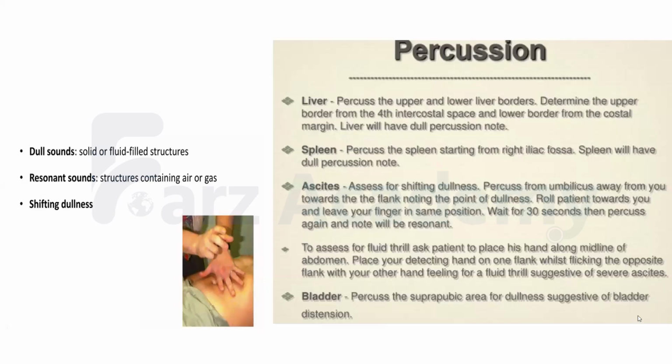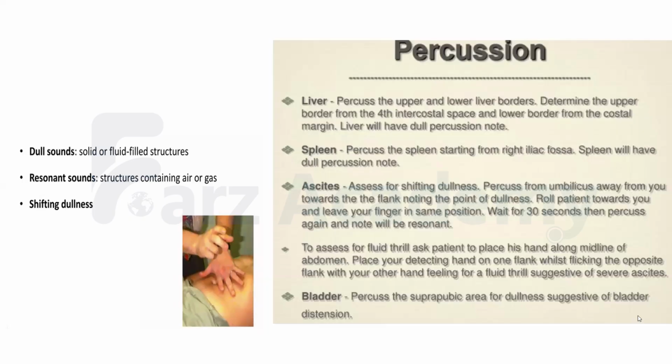You do not have to wait for 30 seconds if you are quite confident about a good amount of fluid that has changed position and the dullness has shifted, because you can jolly well see that there's nothing on that side on the top of the swelling any longer. So you can breach this 30-second barrier if you are very confident.